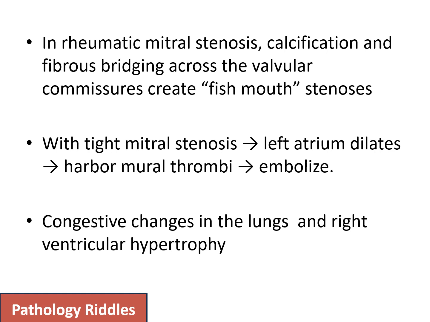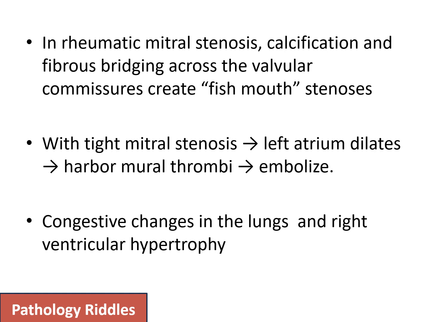When there is tight mitral stenosis, the left atrium dilates because it cannot push all the blood through the mitral valve into the left ventricle. So this can cause mural thrombi. These thrombi have a propensity to embolize, so they will break off and go to different parts of the body.